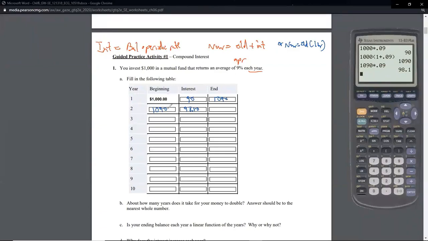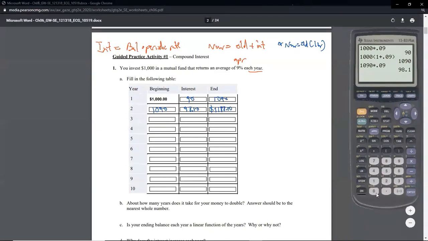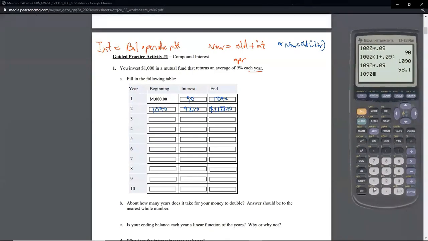If you add these two, 1090 and 98.10, you're going to get $1,188.10. The same as if you instead just took your previous balance, the old, times the growth factor 1 plus 0.09. You still get that 1188.10. And that's this entire process.